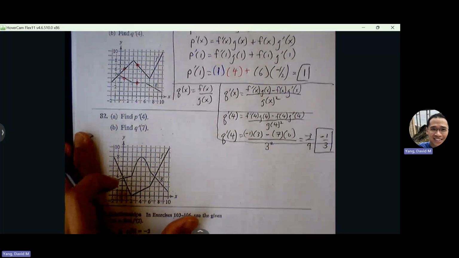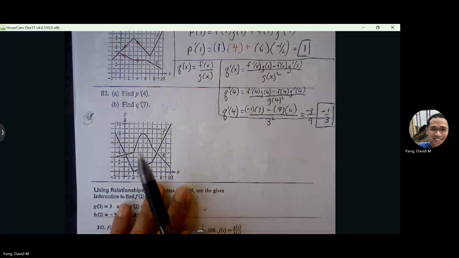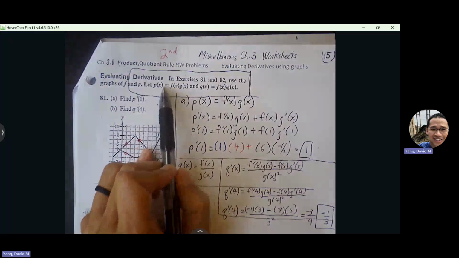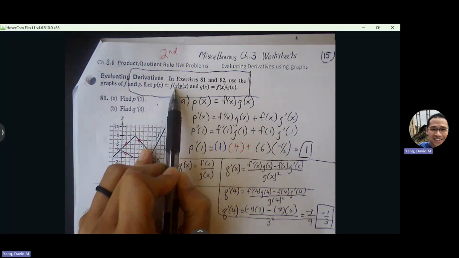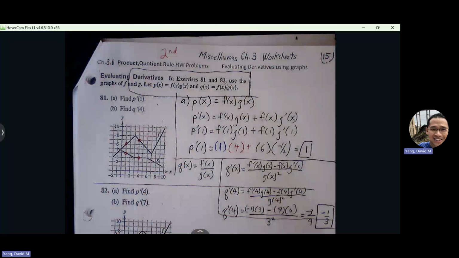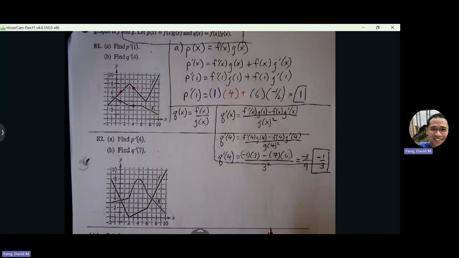Okay, do you guys want to try 82 on your own? Again, P of X is defined as F of X times G, and Q of X is defined as F of X divided by G. So very similar process, just different graphs and different points. See if it all makes sense for us.